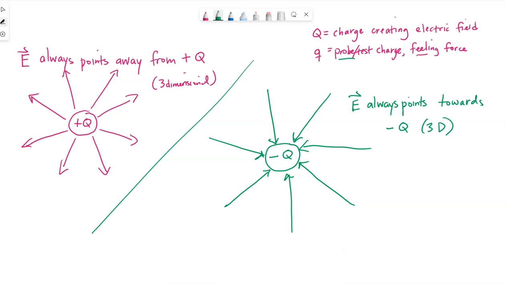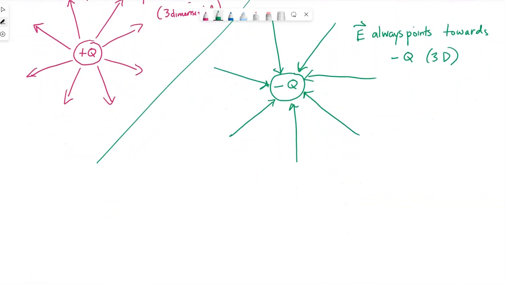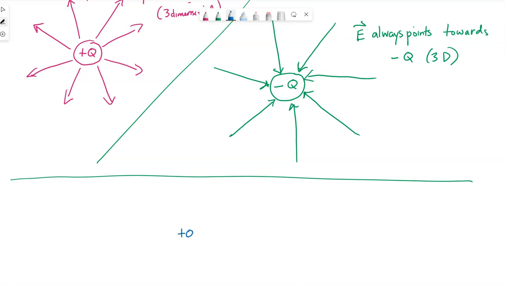If we have a combination of charges, let's say we had a positive Q and a negative Q, and we want to account for both of them contributing to the electric field and see what an overall electric field would look like.